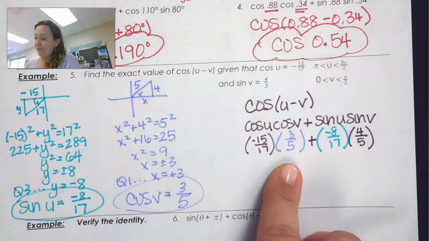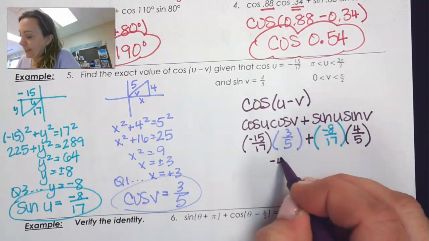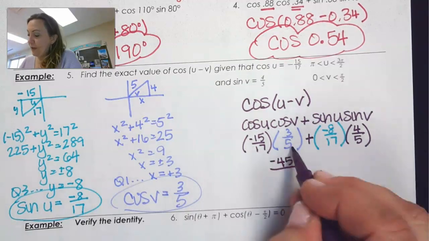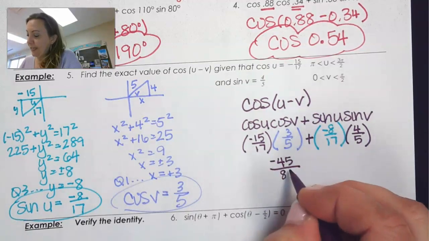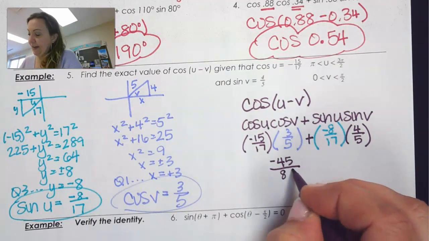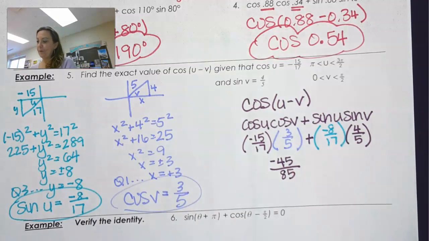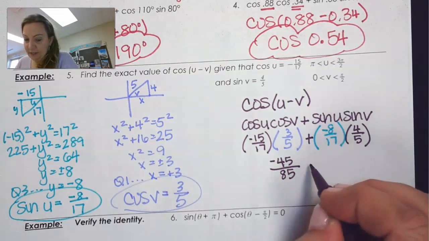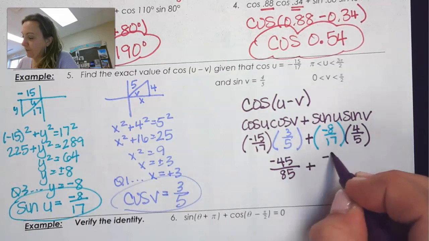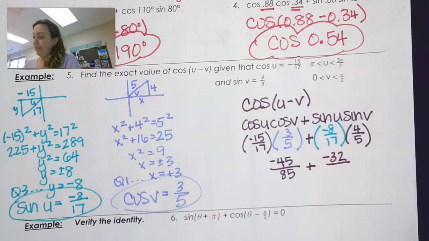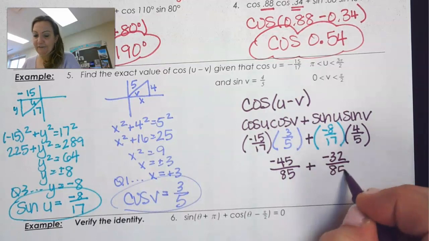All right, so -15/17 times 3/5. If I multiply numerators, that gives me -45. Multiplying denominators, that gives me 85. Then here I have -8 times 4 is -32, and 17 times 5 is 85.